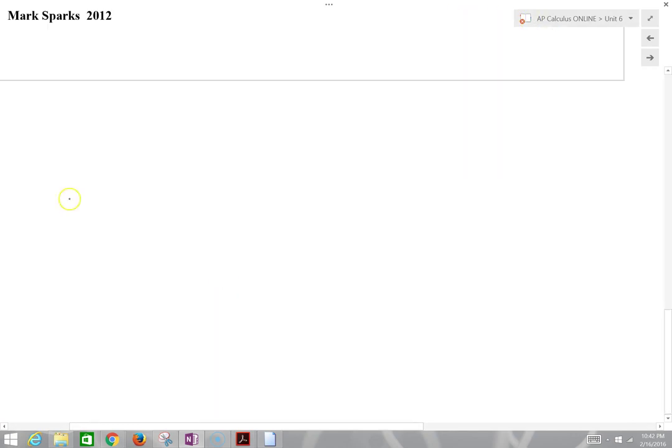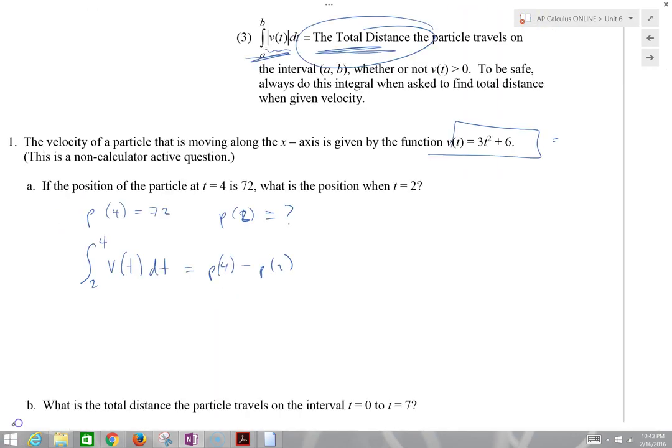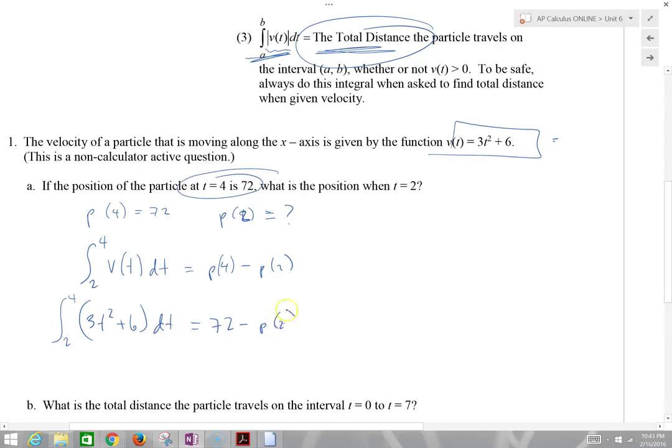So v of t between 2 and 4, v of t is 3t squared plus 6 dt. And p of 4, we know, p of 4 is 72, so 72 minus p of 2. And we're going to use this to solve for p of 2.